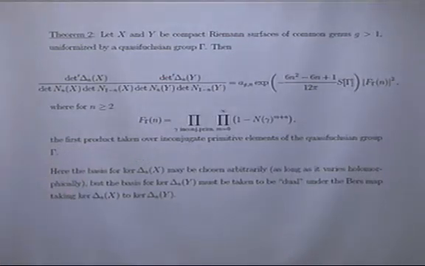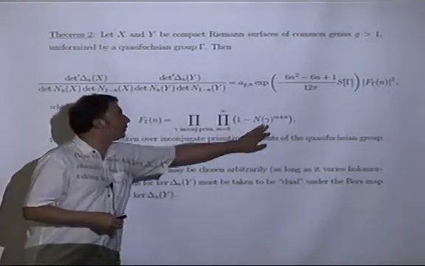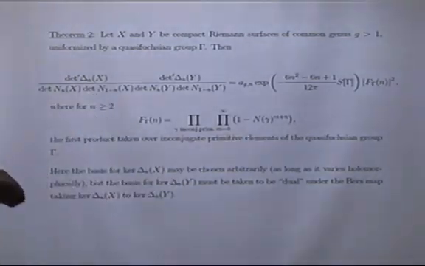So the Schottky group, the subgroup of PSL2C, also acts on the upper half space, H3. And in terms of that, the multiplier is a complex number.